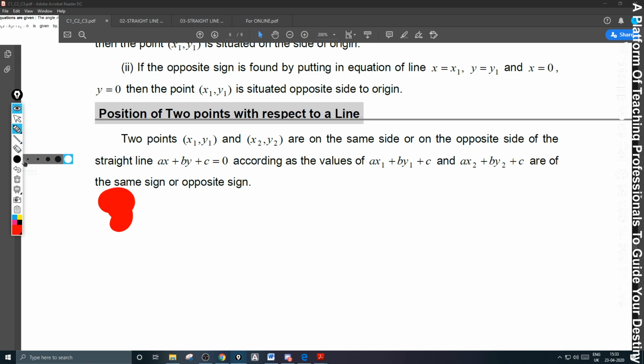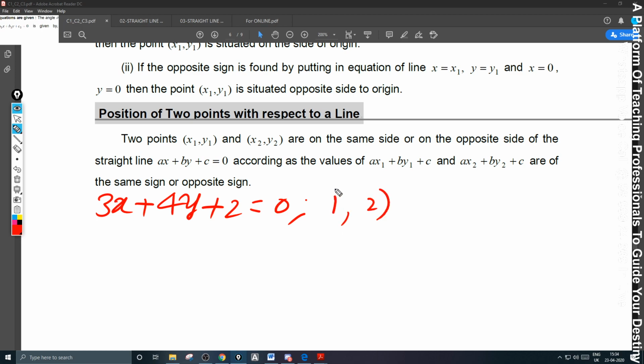Very good. Tell me any 2 points of your choice. 1, 2. 2, 4. That's all. Simple. Let me change it: -2, -4.